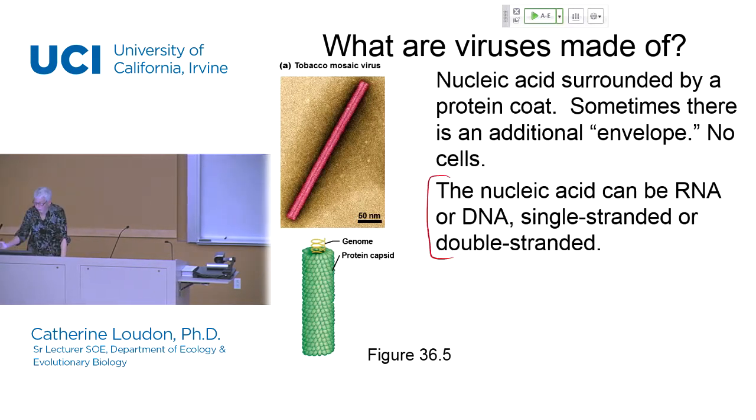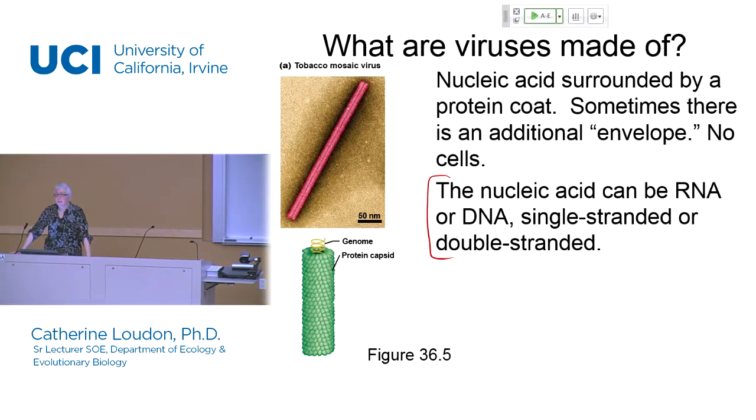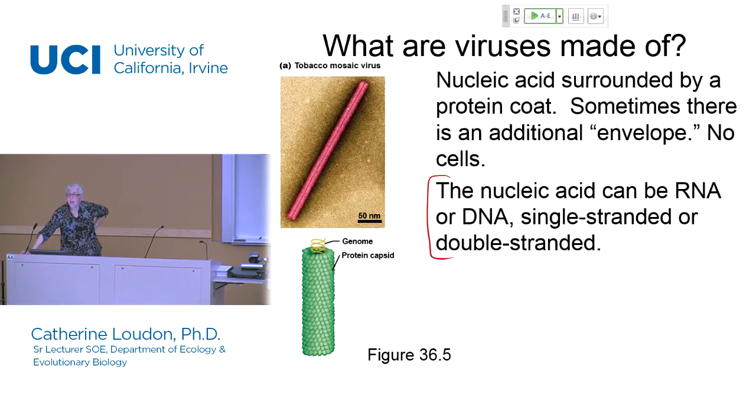Here's the new information about the nucleic acids that make up the central part of viruses, in complete contrast to what we have seen with living organisms, all of which are double-stranded DNA. Viruses can have DNA or RNA, and it can be single-stranded or double-stranded. In fact, this is a way in which viruses are identified and classified, by the nature of the nucleic acids that make up the central part of the virus, whether it's RNA, DNA, single-stranded, or double-stranded.